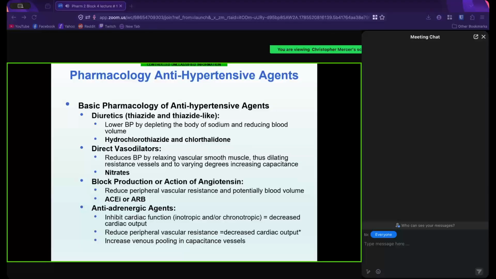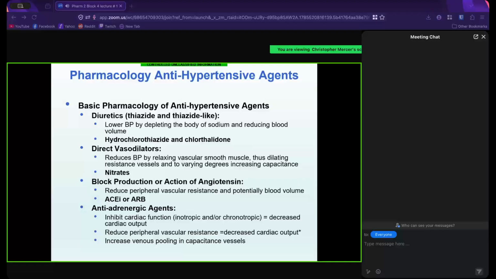And then we have some specific anti-adrenergic agents, because we can affect things up at the central system. So drugs that decrease the heart rate or the pressure, the force of the contraction in the case of inotropic actions.